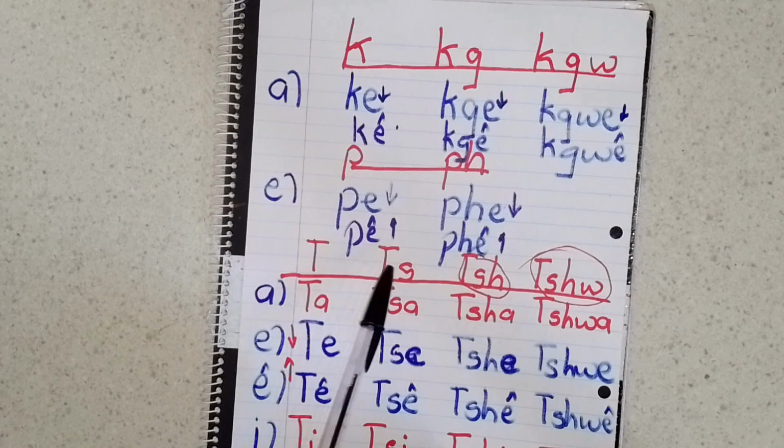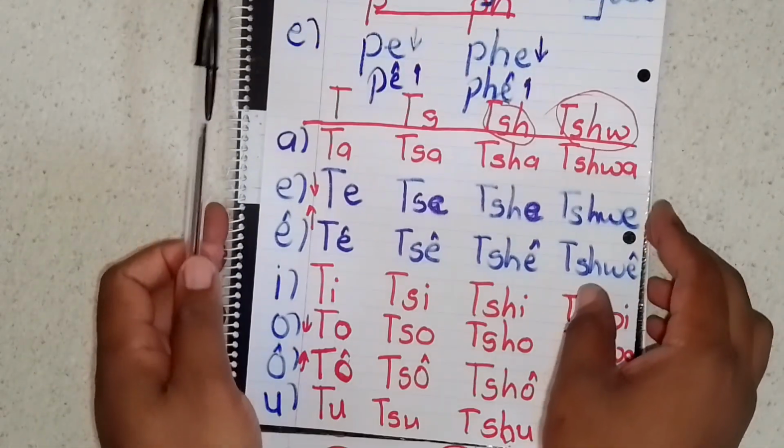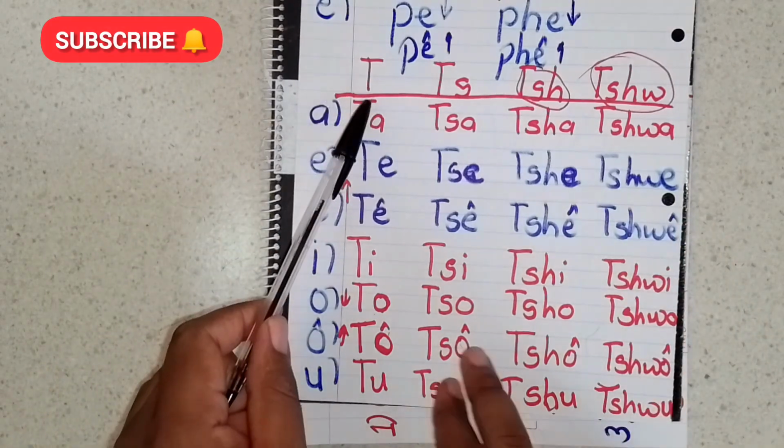Also re na le t, ts, ts, tswa. Re ta sibula ka ta.